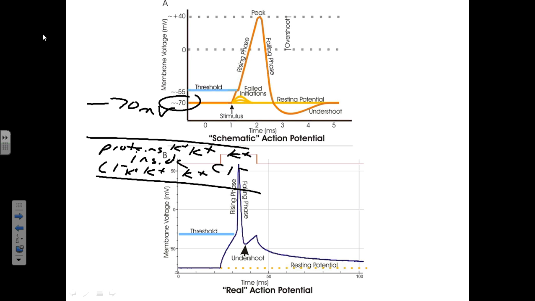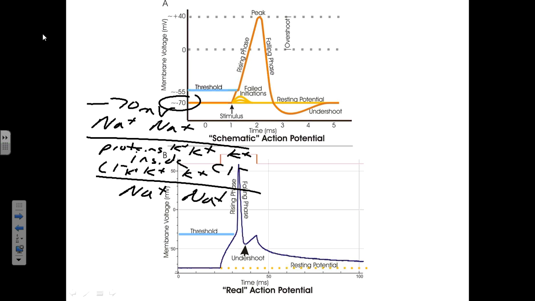But notice there's lots of potassiums in the neuron. What is there a lot of outside the neuron? Sodium ions. Now, is that the way nature likes things to be? No. What has to happen to keep it that way? What's the only way that nature can build up a gradient?